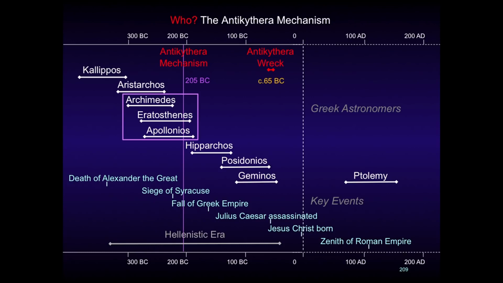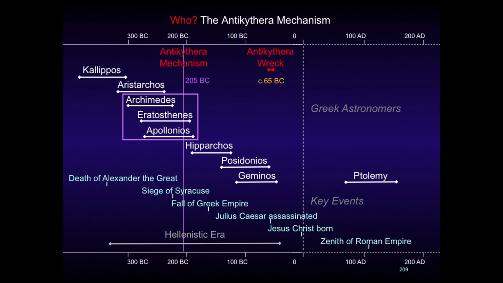Eratosthenes, I really don't know, distinguished Greek astronomer, but no obvious connection with the mechanism. Apollonius, well, his epicyclic theories of the planets were almost certainly incorporated into the mechanism. The gearing's gone, so we can't be certain. And the theory of the moon, which may well be attributed to him, is also included.